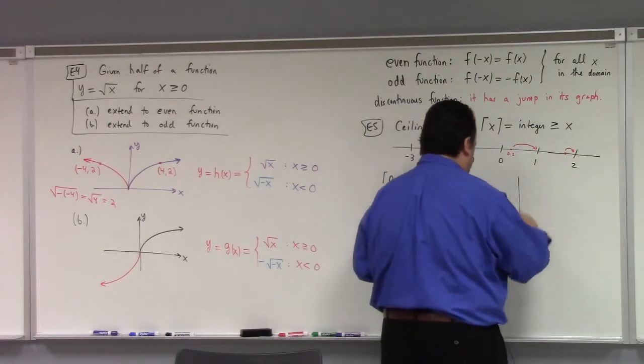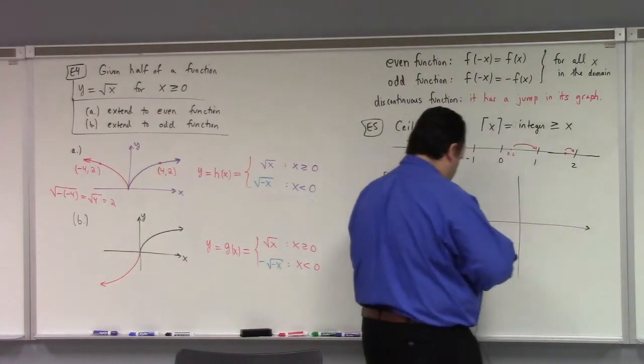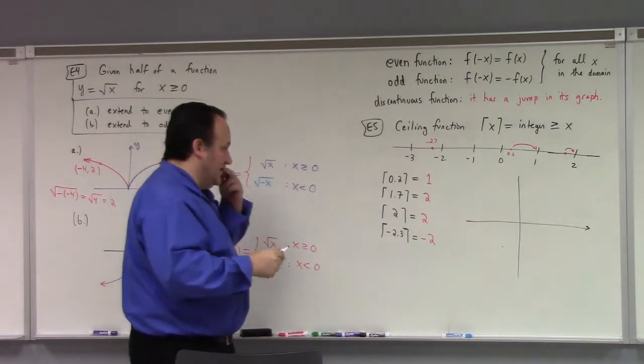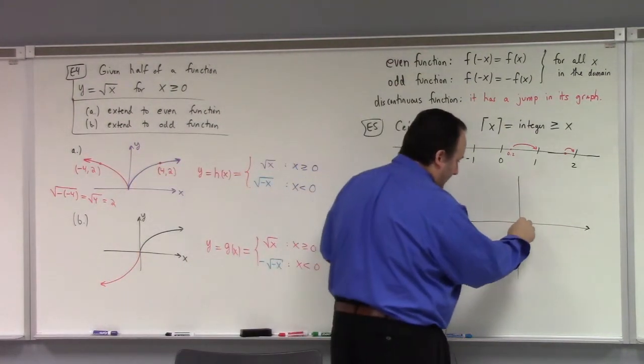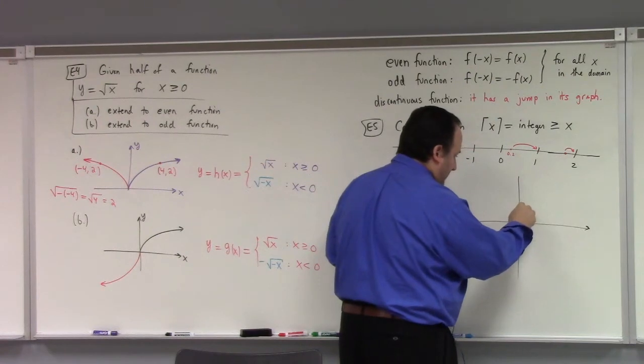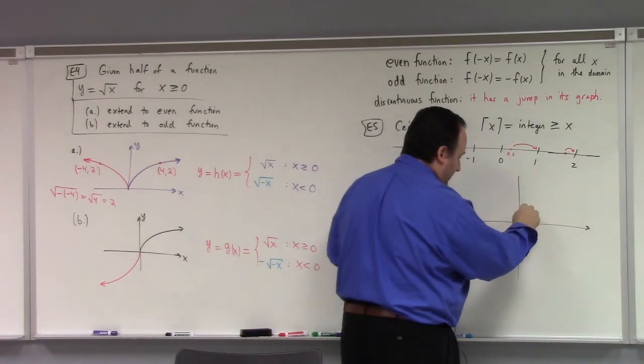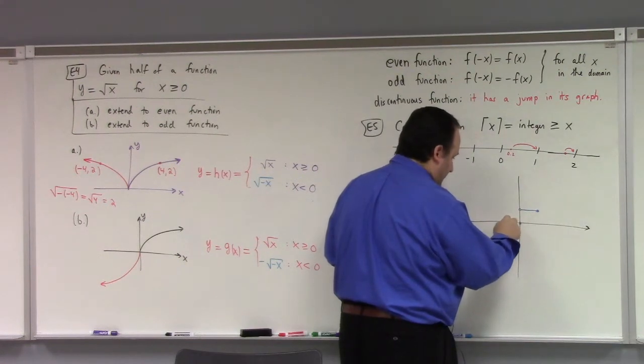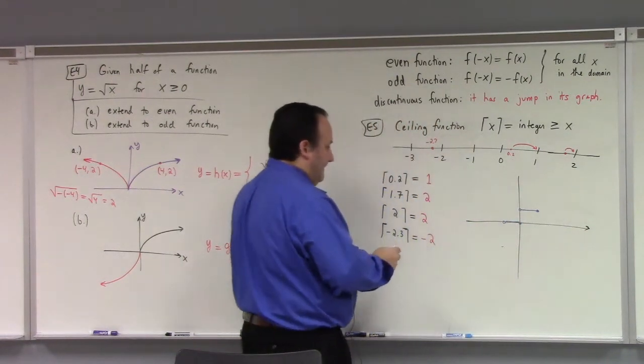The graph of the ceiling function. So we've got ourselves 0 maps to 0, right? But then 0.1 all the way over to 1 maps to 1. And then, let's see here.